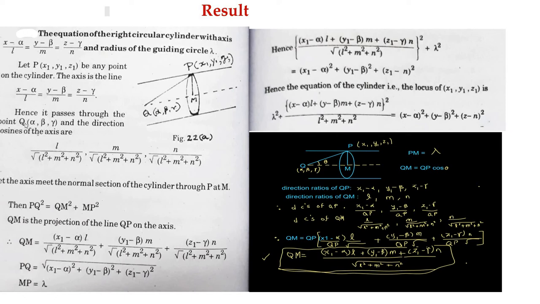Now it passes through the point Q of alpha, beta, gamma, and the direction ratios of the axis are given, so direction cosines we are writing. Now the axis meets the normal section of the cylinder through P at M. So we consider the normal section. When we consider the right circular cylinder, any normal section will only be a circle.